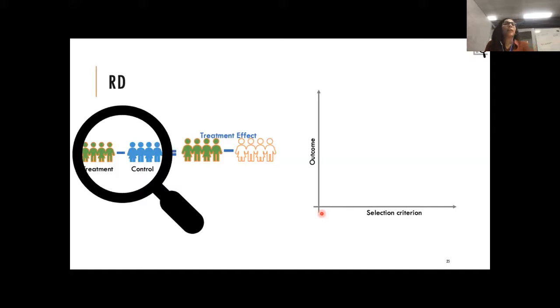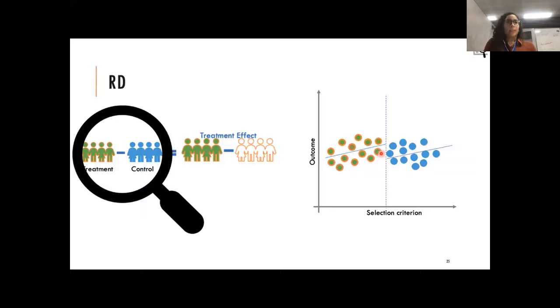So if we graph our selection criteria, again, let's make the example of the poverty line. I'm going to say those who are below the poverty line get into the treatment group, and those who are above do not, they go into the control group. So we have these participants in the control group, and these ones are in the treatment group.